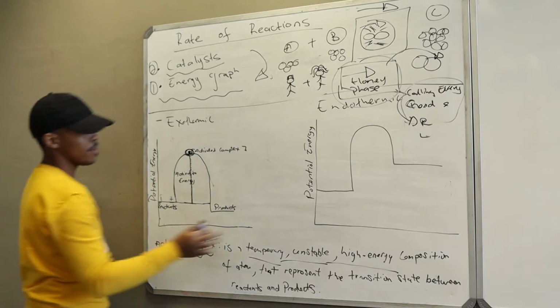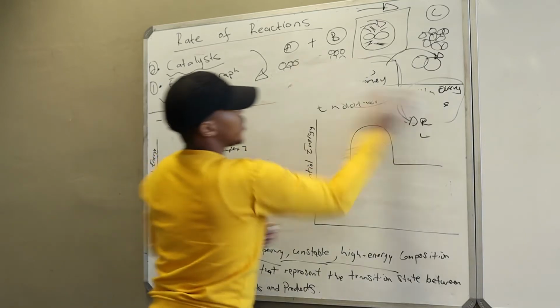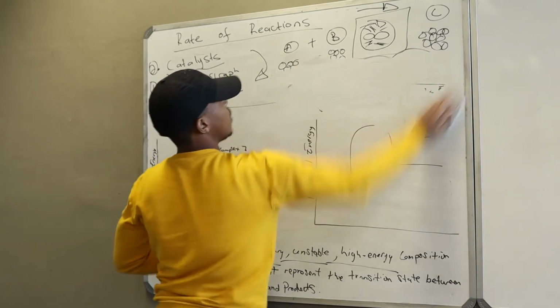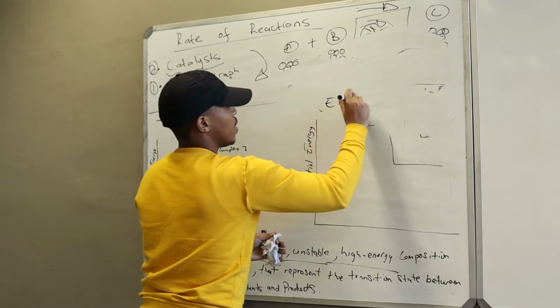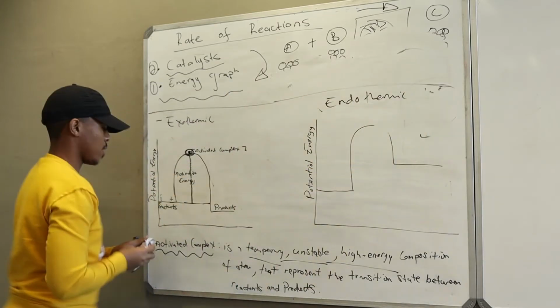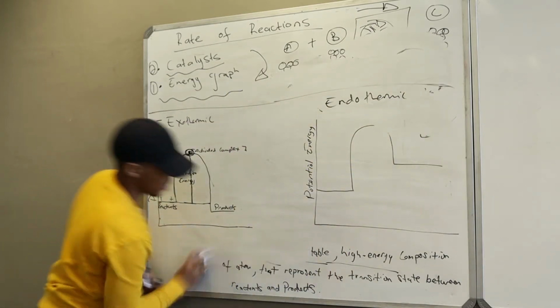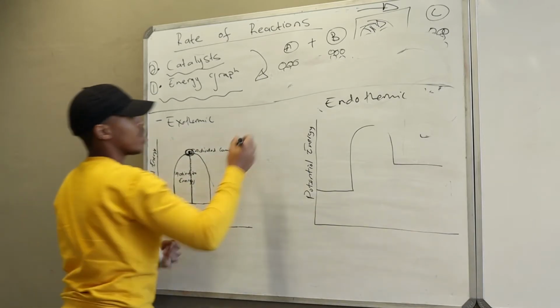Okay? Now there's an important concept here that differentiates these two. Okay? Let's write that down again. Endothermic. Okay. Let's write this down here quickly. There's an important concept here called enthalpy.